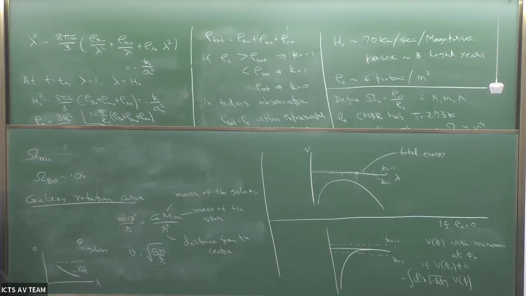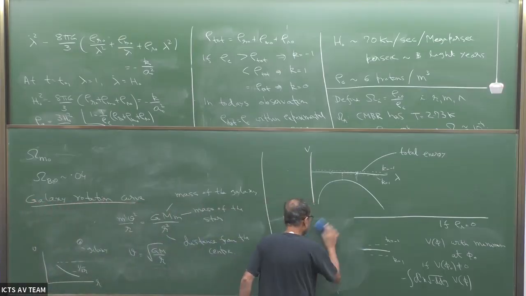So from all these experiments, what we know is that omega m0 is of the order of 0.3.